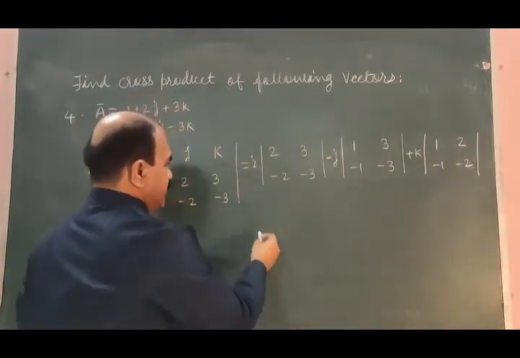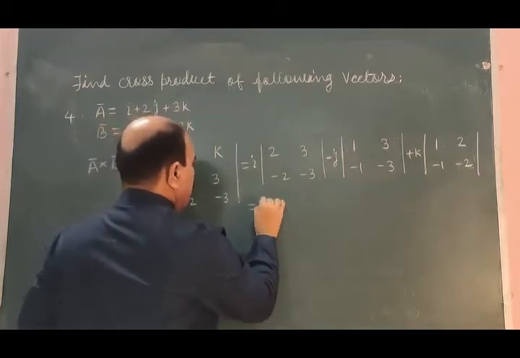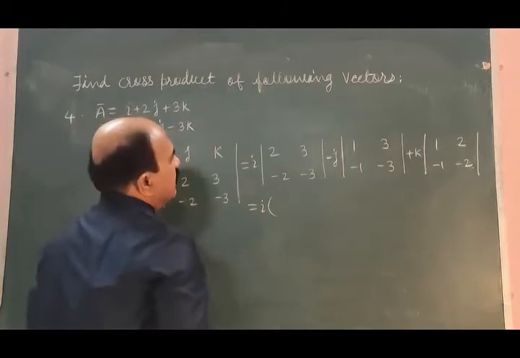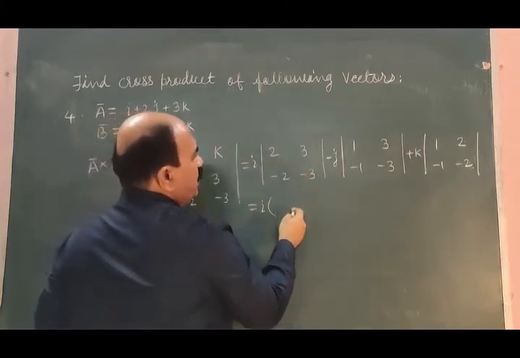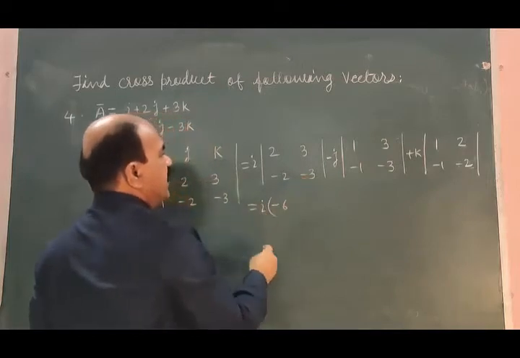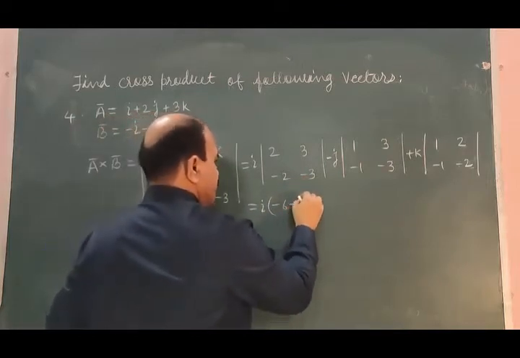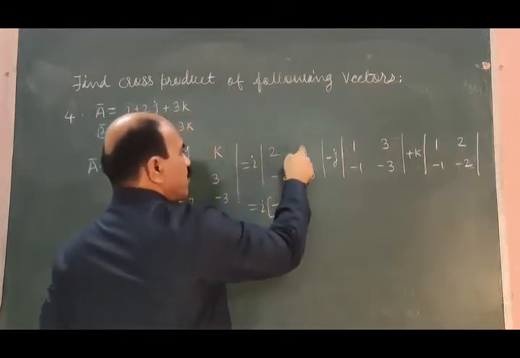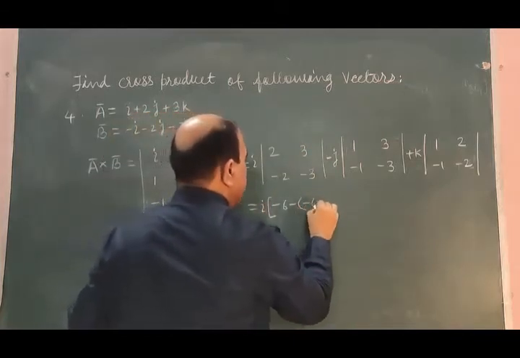Let us solve this. i into this product: 2 3s are 6, this is minus, so minus 6, minus 2 3s are minus 6.